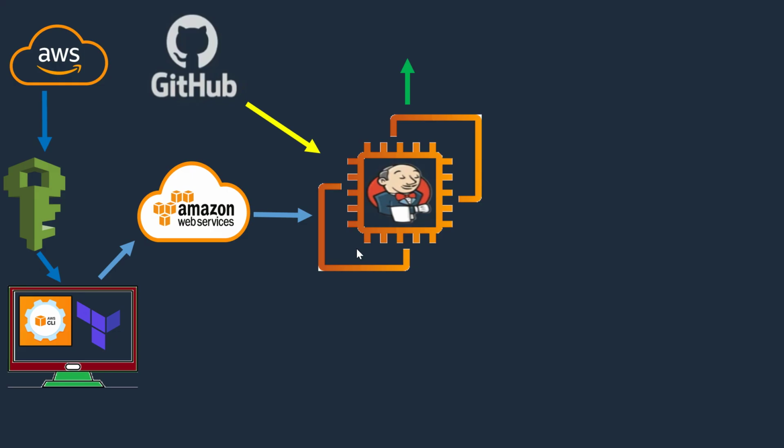Okay guys. So primarily we are going to install Jenkins on the EC2 instance. Then after installing Docker, we are creating a container. Inside that container, we are going to install SonarQube. After installing SonarQube, we are going to integrate SonarQube with Jenkins.